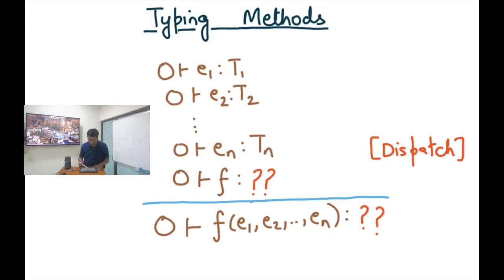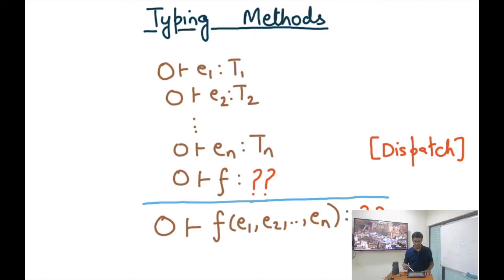Now there are two things that are missing here. One is how should I represent the type of f, and the second thing is, even if I know the type of f, how do I know what should be the type of this dispatch or this call to the function? And I need a rule that is both sound and precise.